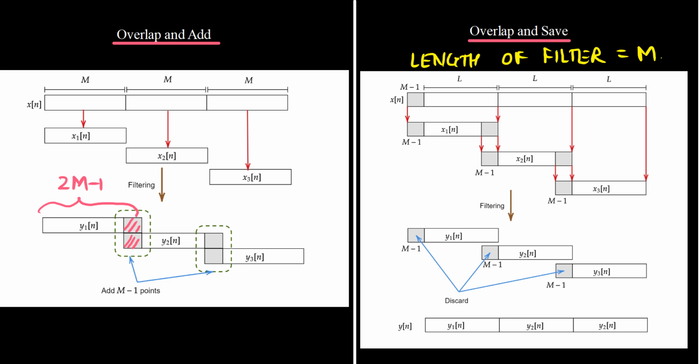Then we perform the circular convolution and obtain sequences of length L plus m minus 1, and we observe that the initial m minus 1 points in each of these blocks are corrupted due to aliasing.